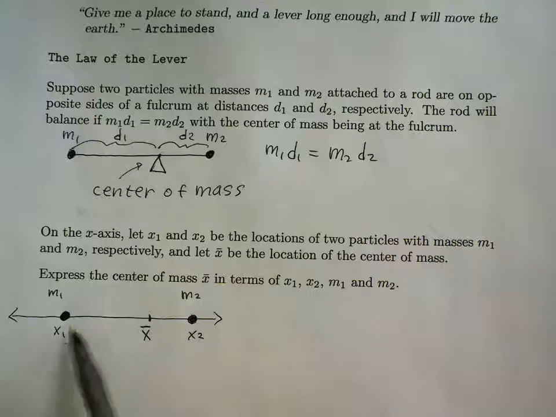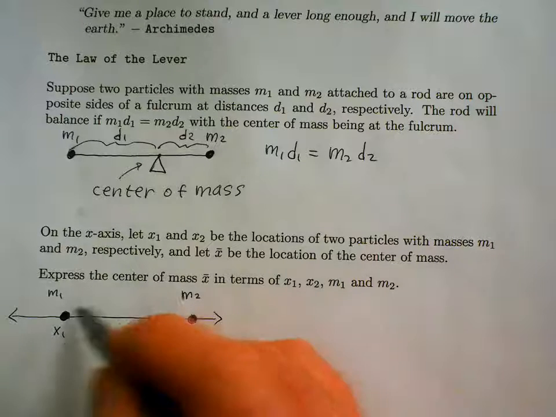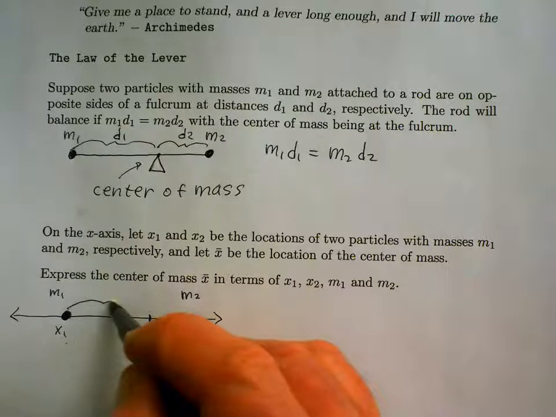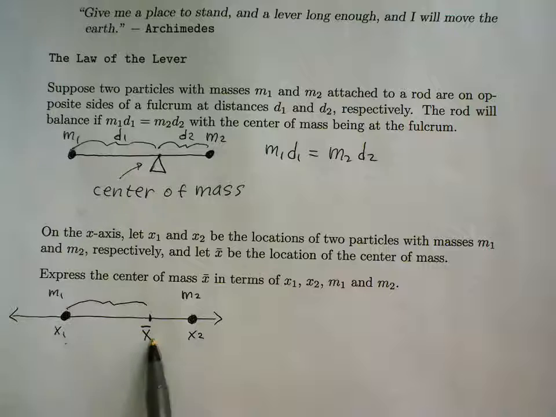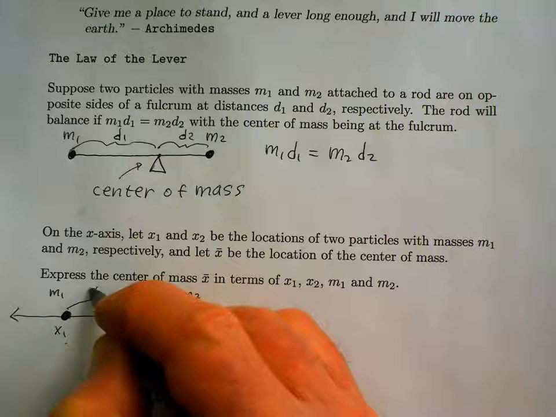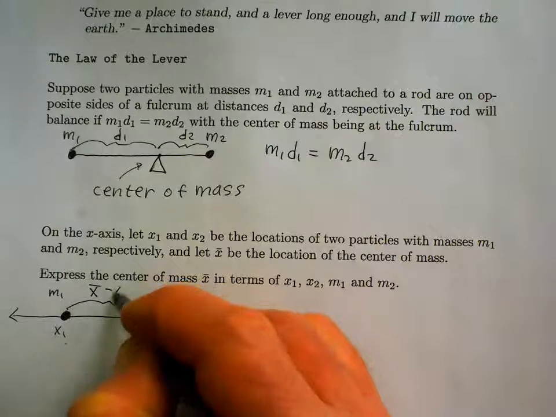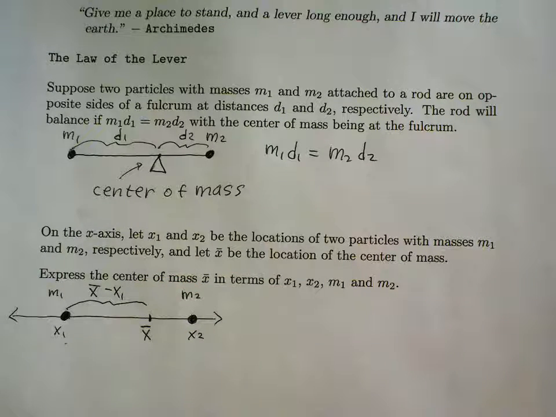Okay, so notice the distance. This is the regular oriented x-axis, positive numbers to the right, negative numbers all the way to the left. So the distance from the point x1 to x bar, the larger number x bar minus the smaller number x1, that's the distance.